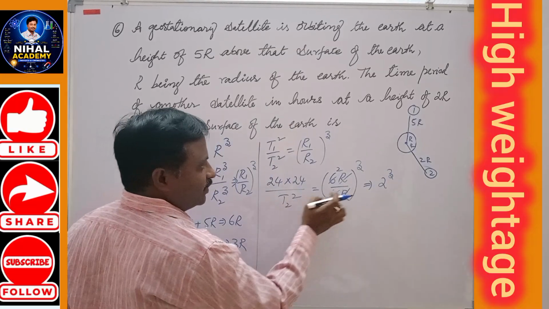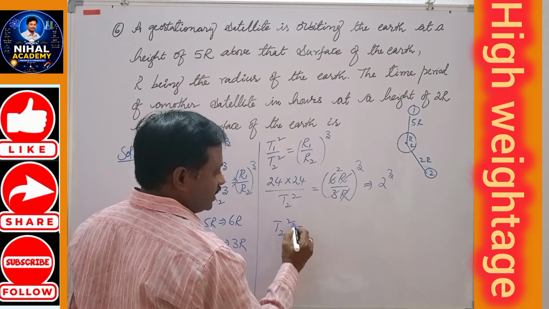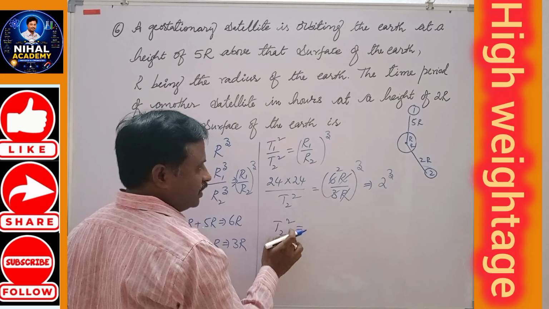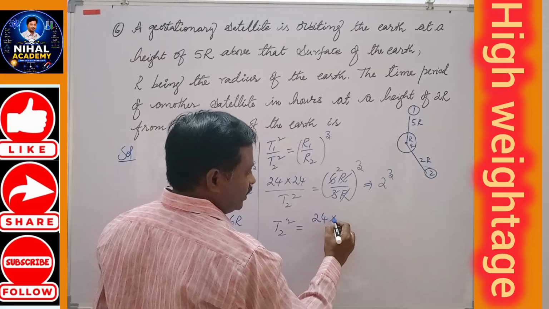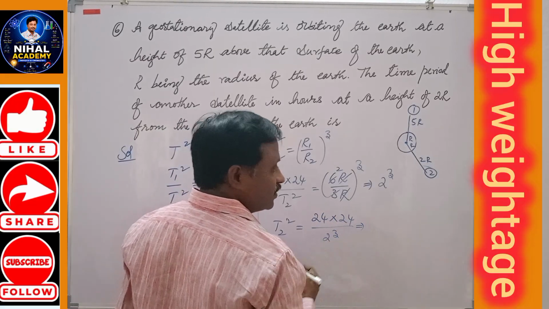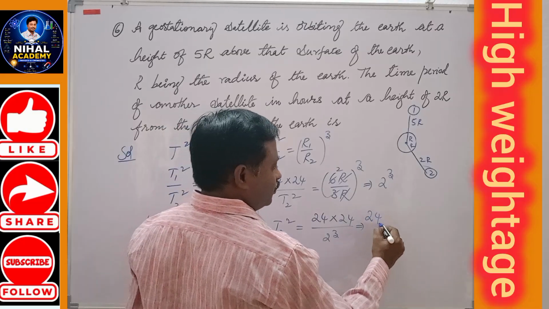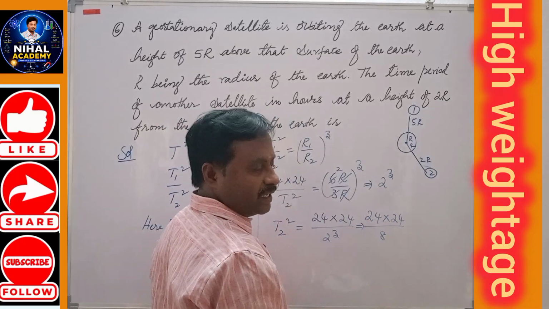From this we can write T2 square is equal to 24 into 24 by 2 cube. So 24 into 24 by 2 cube, 2 cube means 8.